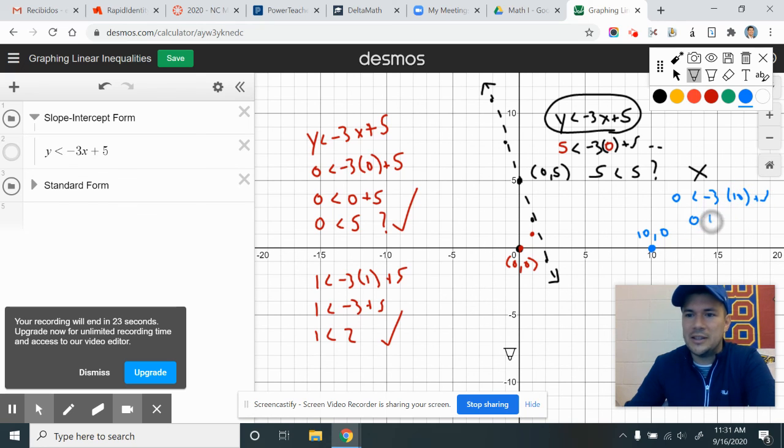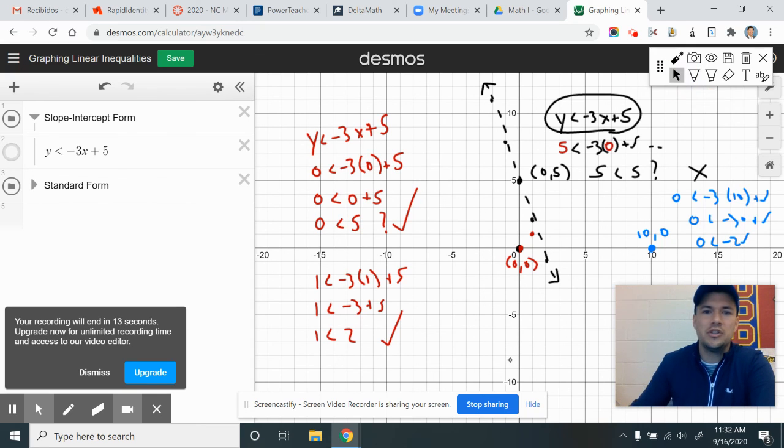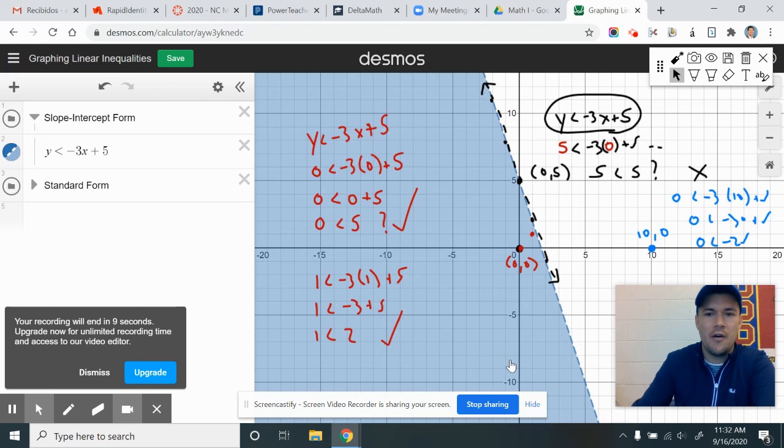In other words, is 0 less than negative 30 plus 5, or is 0 less than negative 25? The answer is no, 0 is not less than negative 25. So what does Desmos do when it graphs it for you? It does this. Voila. All of the points in the shaded region are your solutions. All of them.